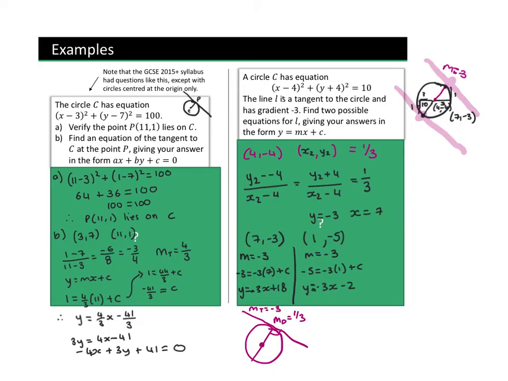We also have a point, (4, -4). So I can find the equation of this straight line. So y equals mx plus c. I'm going to get minus 4 equals a third lots of 4 plus c, so minus 4 over 3 equals c.